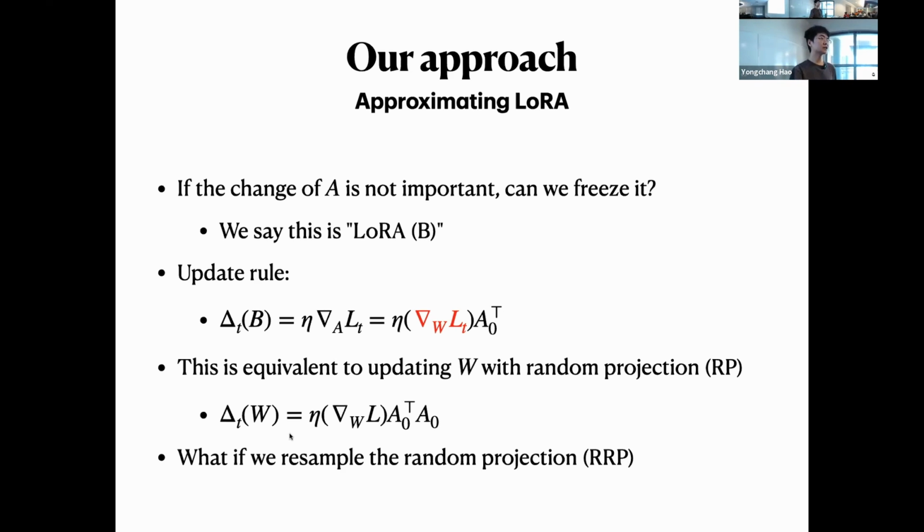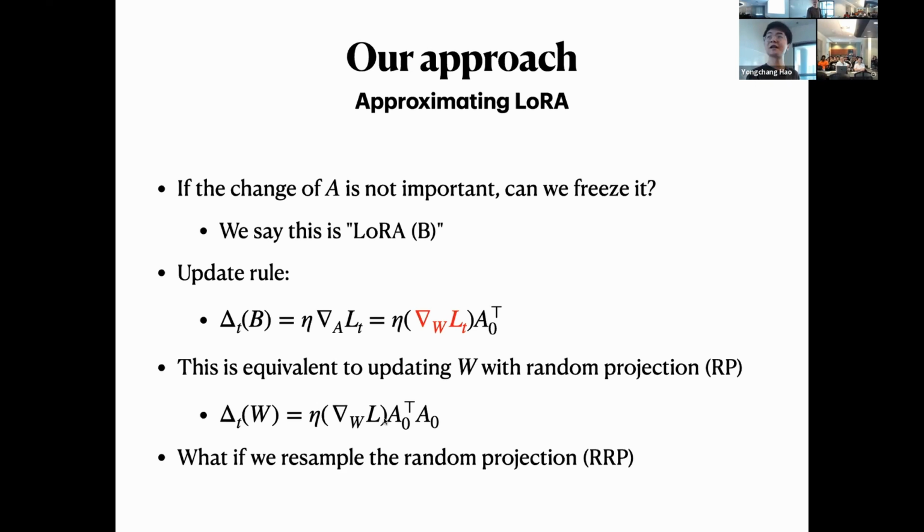That means it's equivalent to updating W with the random projection matrix A: you down project it with A0, and up project it with A0 again, and use this as the update direction of the original matrix W. Here, we use a frozen A.